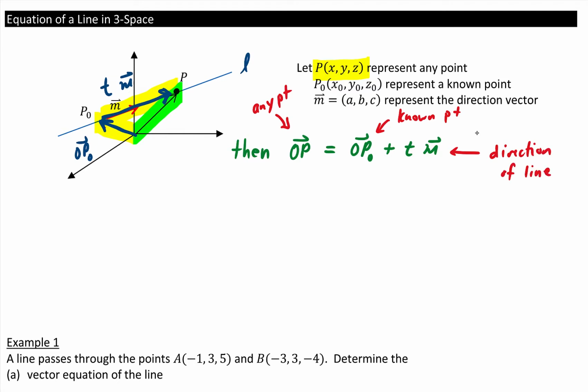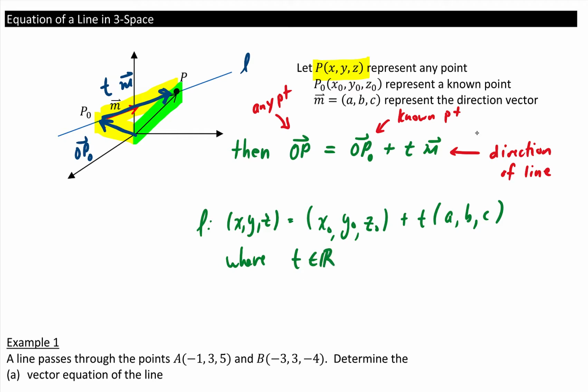And finally, if we want the equation of the line, we have the following. We have x, y, z is equal to some known point, that's x naught, y naught, and z naught, plus some scalar t of a direction vector with components a, b, and c. And again, t could be any real number.